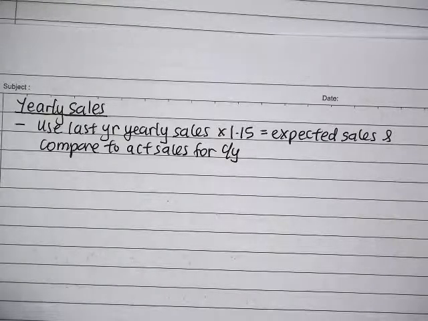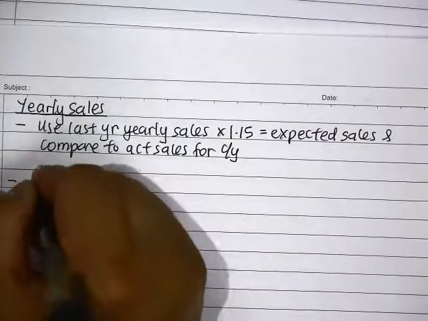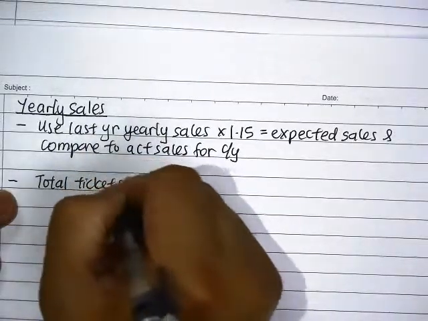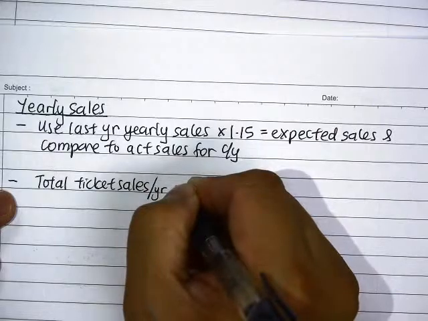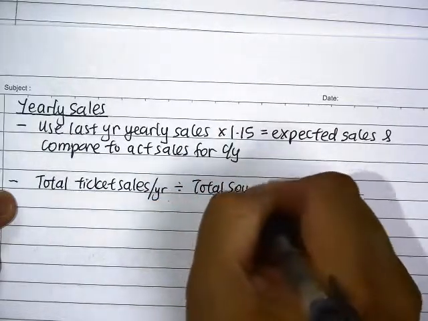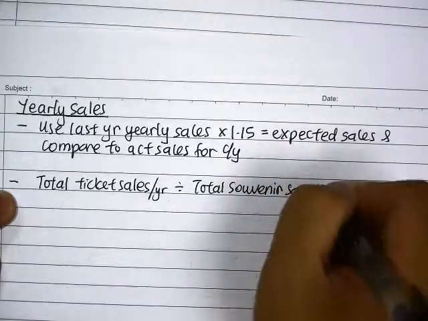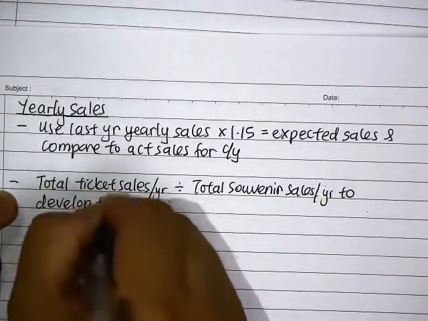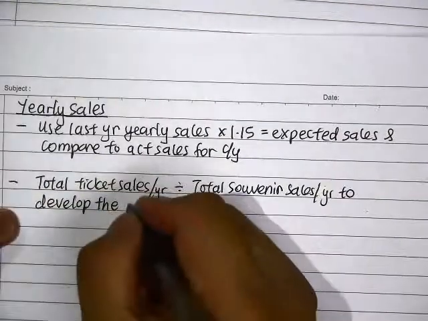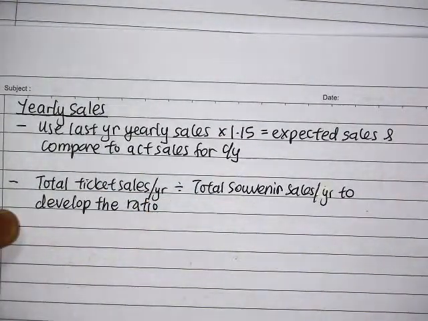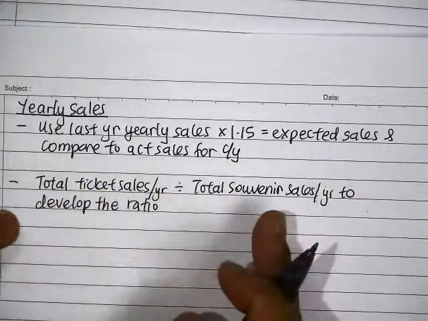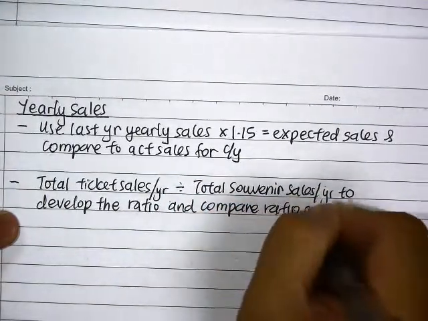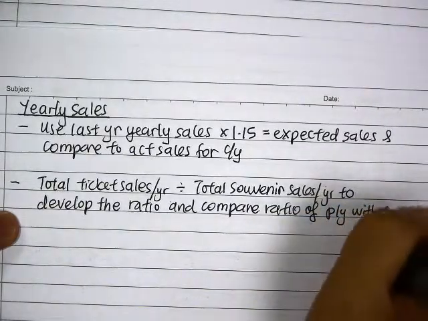Now, we can take the total ticket sales per year divide by total souvenir sales per year to develop the ratio of these two relationships, and compare the ratio of the prior year with the current year.